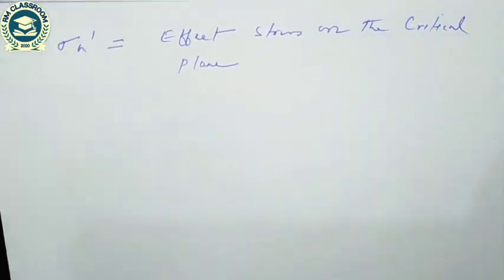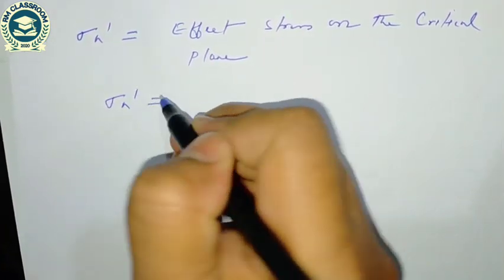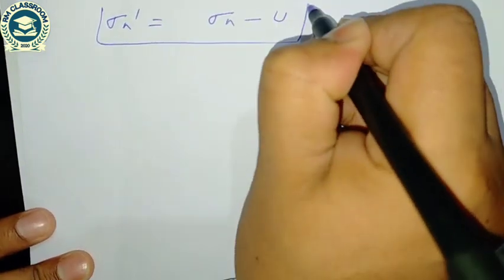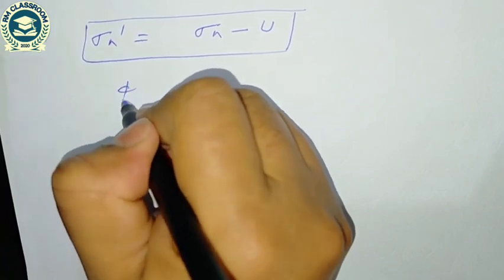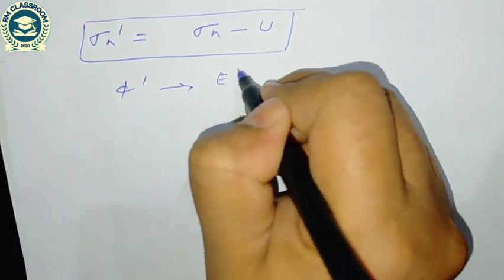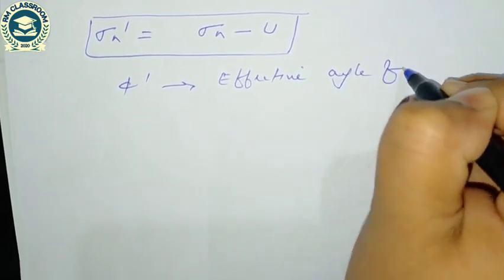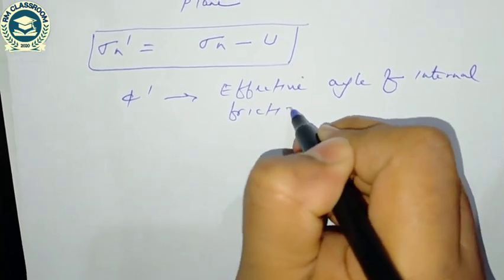And we know from the soil mechanics chapter that effective stress is equal to total normal stress minus pore water pressure. So with the help of pore water pressure, we can compute the effective normal stress, and phi dash is the effective friction angle, effective angle of internal friction.